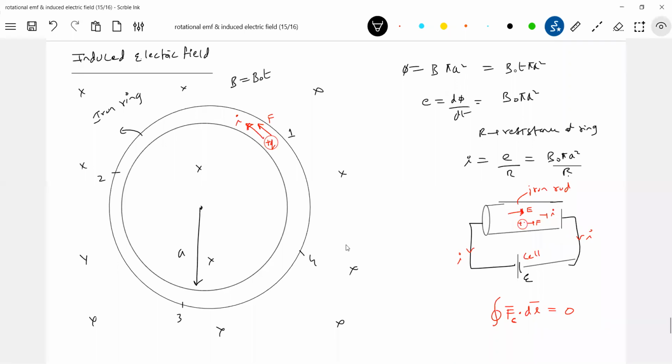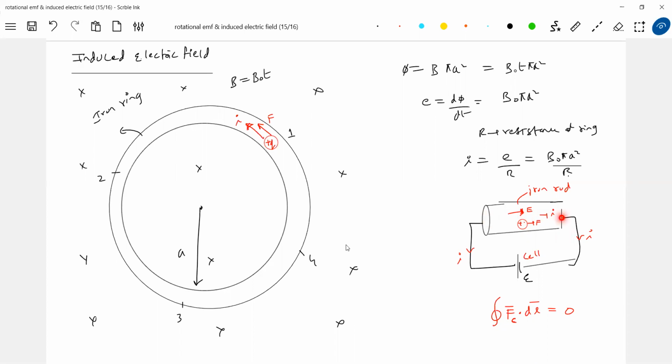I'll ask you to recollect: an external agent moves the positive charge from low to higher potential. For that, the external agent should do work. The work done by the external agent is now available as energy. So when it comes here, this force will make it move. This particular conservative force which is acting inside the rod is acting only in this region, not throughout the path. So there won't be any problem.